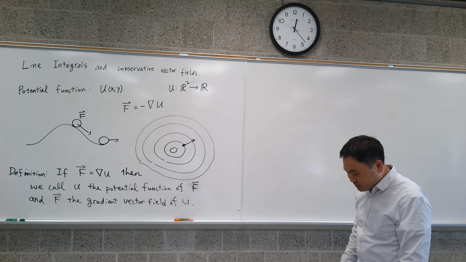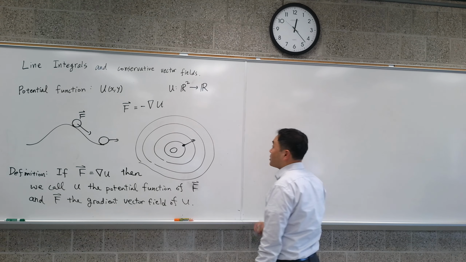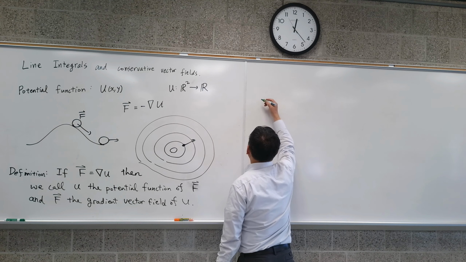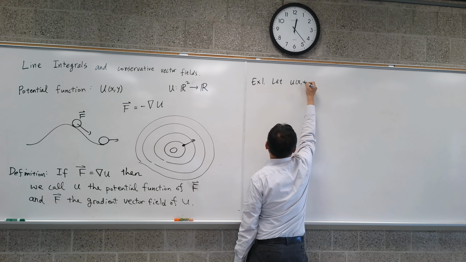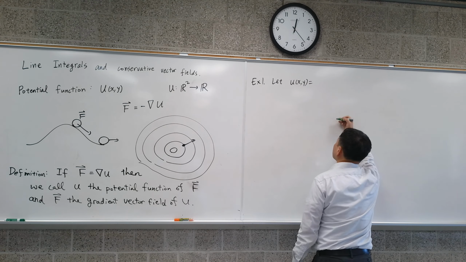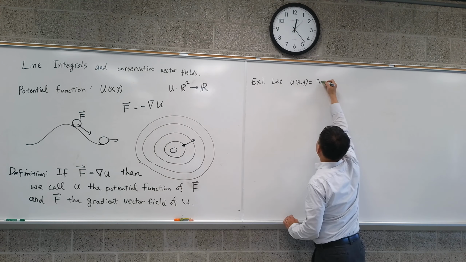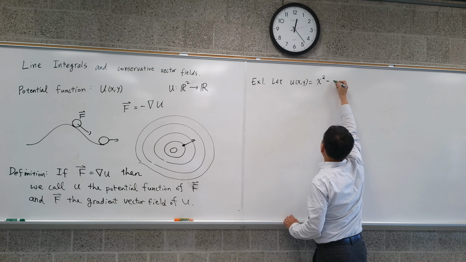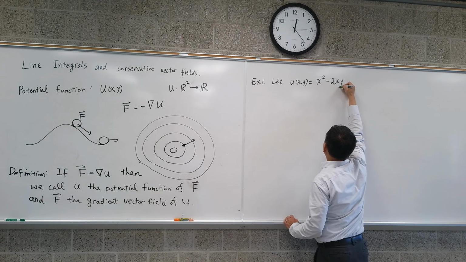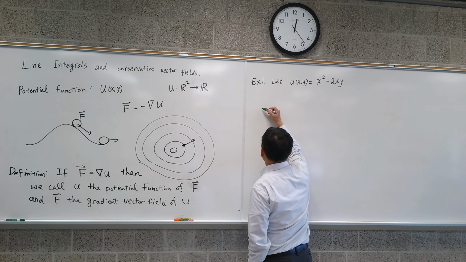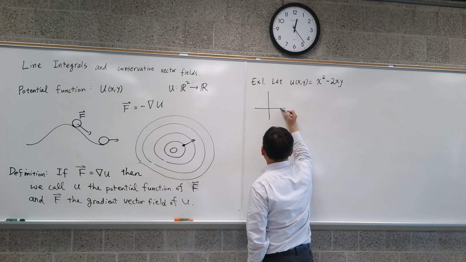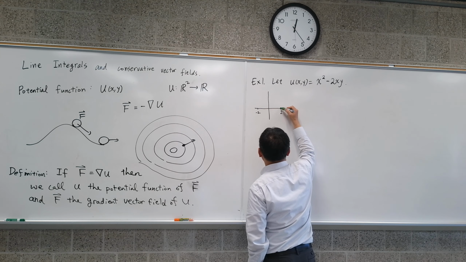All right, so let's try this one. Example 1. Let u(x,y) be, say, x squared minus 2xy. And then let's think about two vector fields. Here's 2 and negative 2.